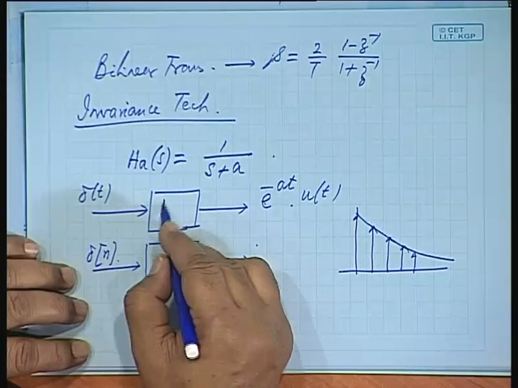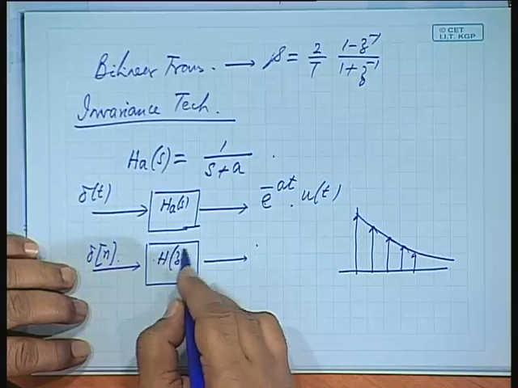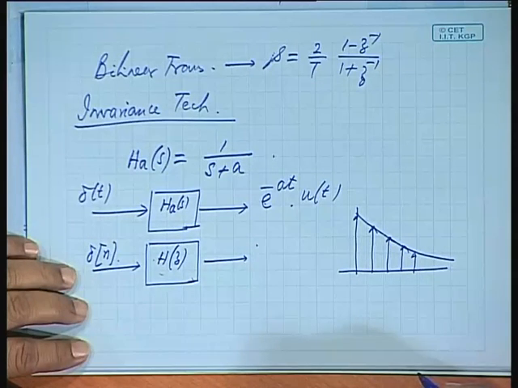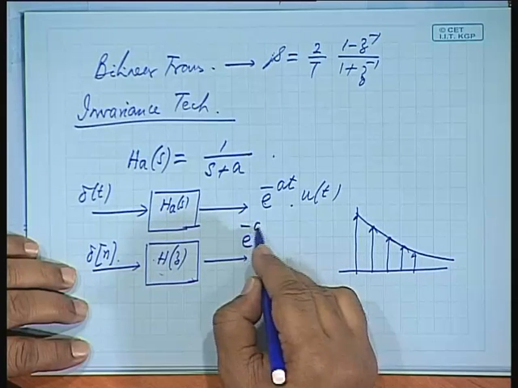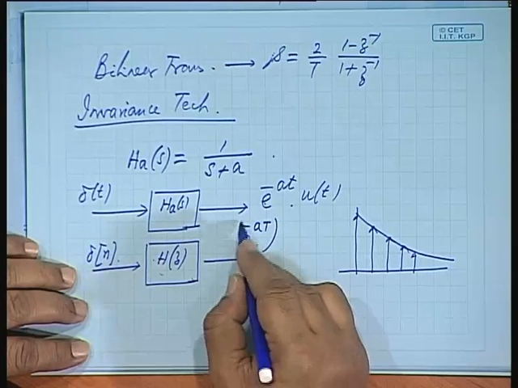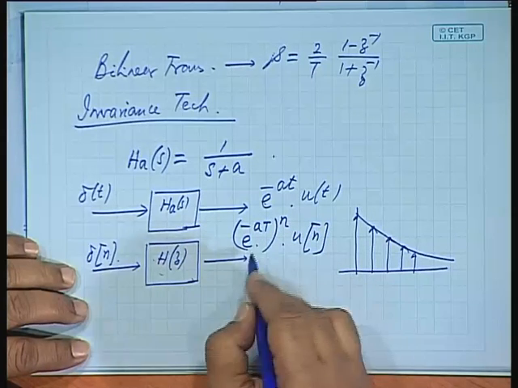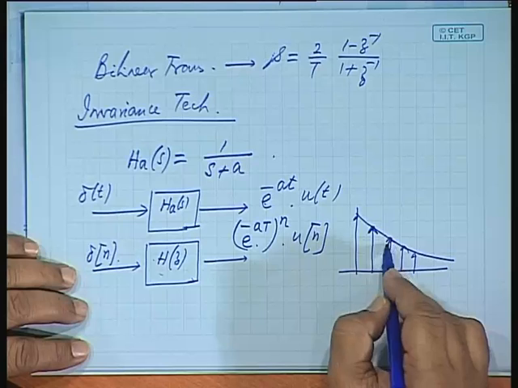This was H(s). What is that function which will give me this output? I want the output to be e to the power minus a t to the power n u(n). This is e to the power minus a t into n.